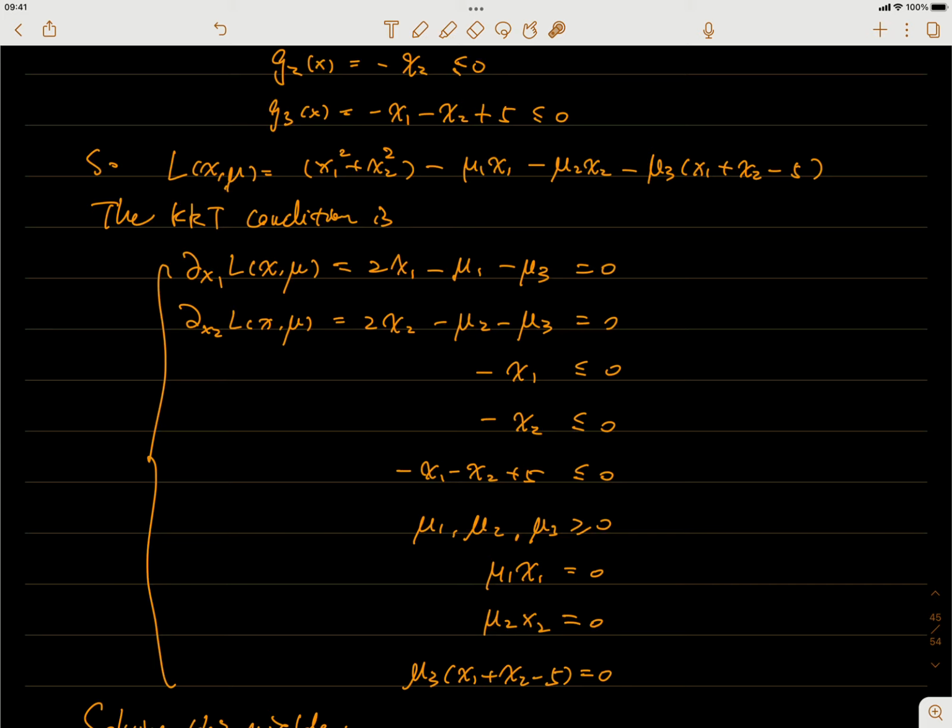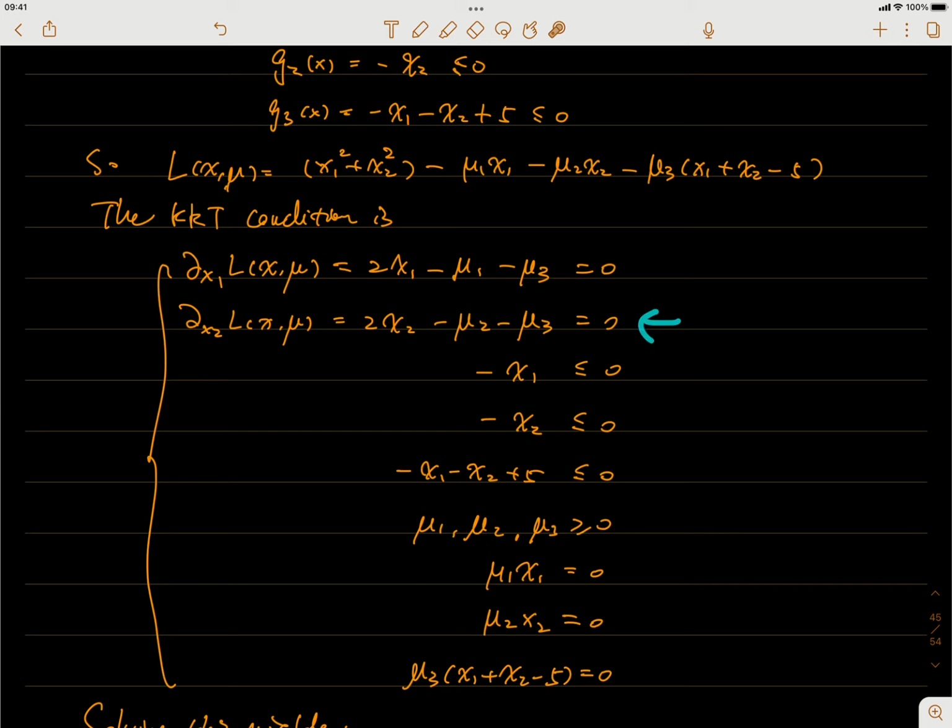Then the KKT condition is the gradient of this L with respect to x. There are two variables, x1 and x2, so when we take the gradient, we need to take the partial derivative of L with respect to x1 and x2 individually. Taking the partial derivative with respect to x1, we get this, and we set it to 0. That's how we get the first one.